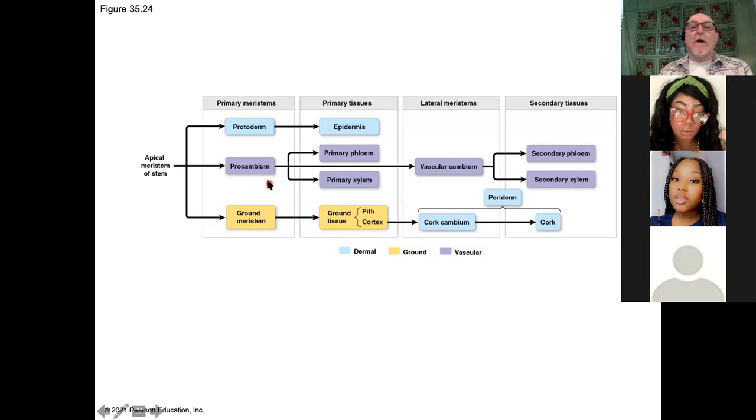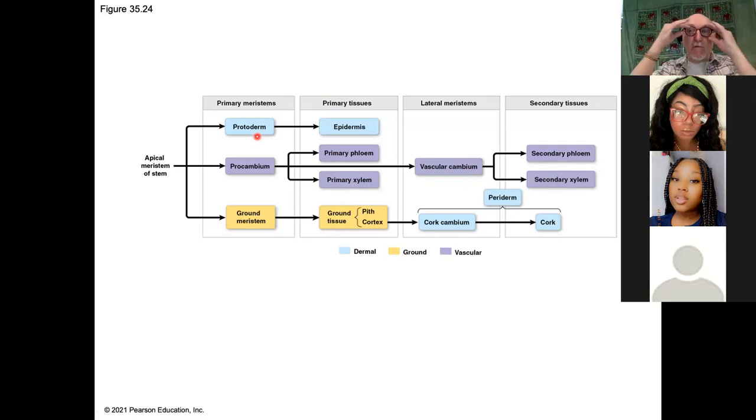The first meristem is called the procambium, and that is what produces the initial vascular bundles, the primary xylem and the primary phloem. But that is replaced by vascular cambium, which produces secondary phloem and secondary xylem. The protoderm is the early meristem that produces the epidermis.